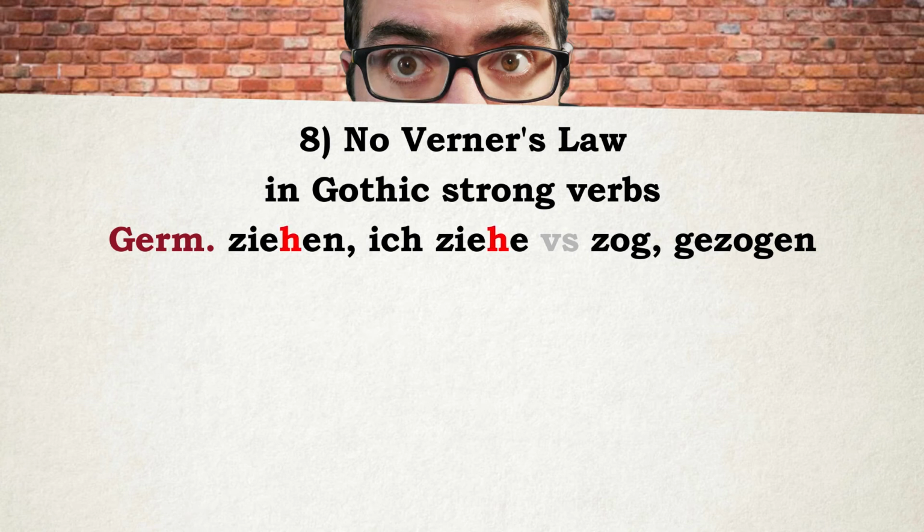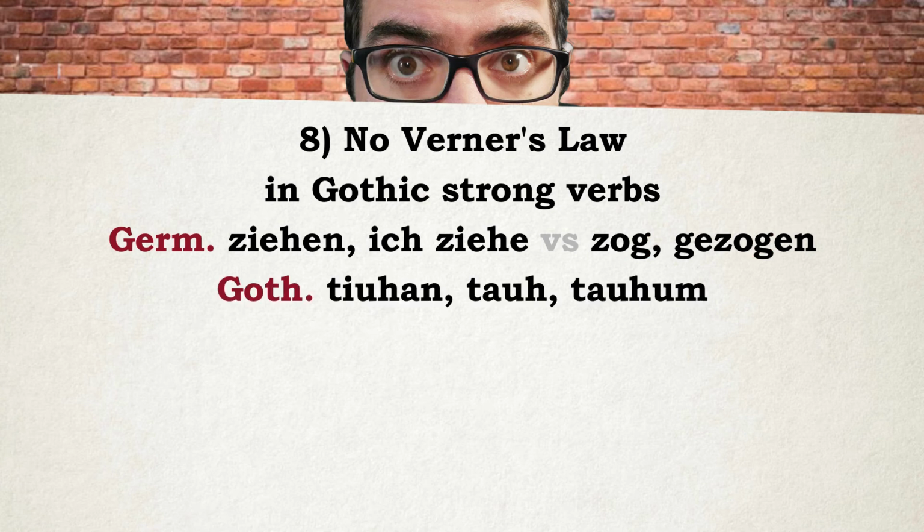On one side ziehen, ich ziehe, on the other side zog, gezogen. We don't have the same in the same verb in Gothic: tiuhan in the infinitive form, tauh, taúhum with the same consonant in the two forms, first singular person and first plural person of the preterite.